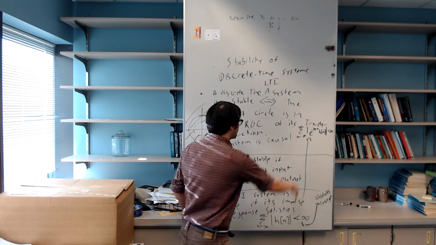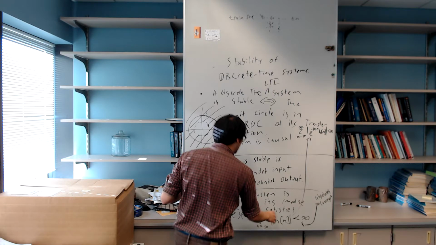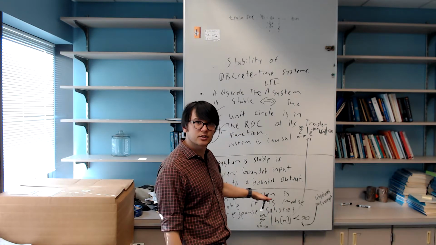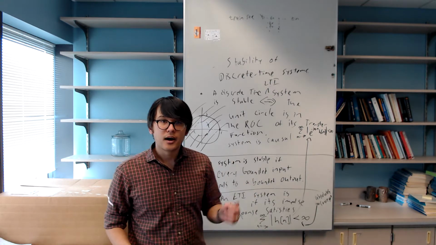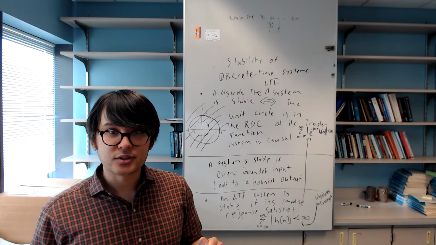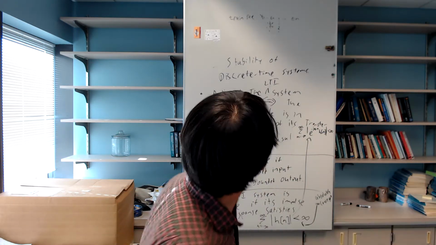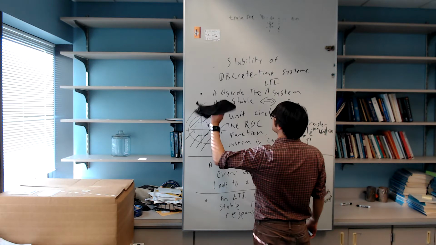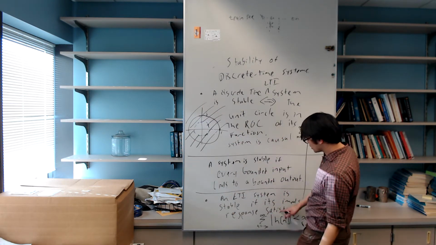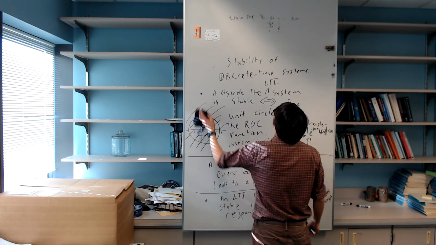So the statement that this is contained in the region of convergence and the statement that the absolute value converges are the same exact thing. Let's work through an example and figure out why this is true. We'll show one direction: that if it's stable, this is definitely true.